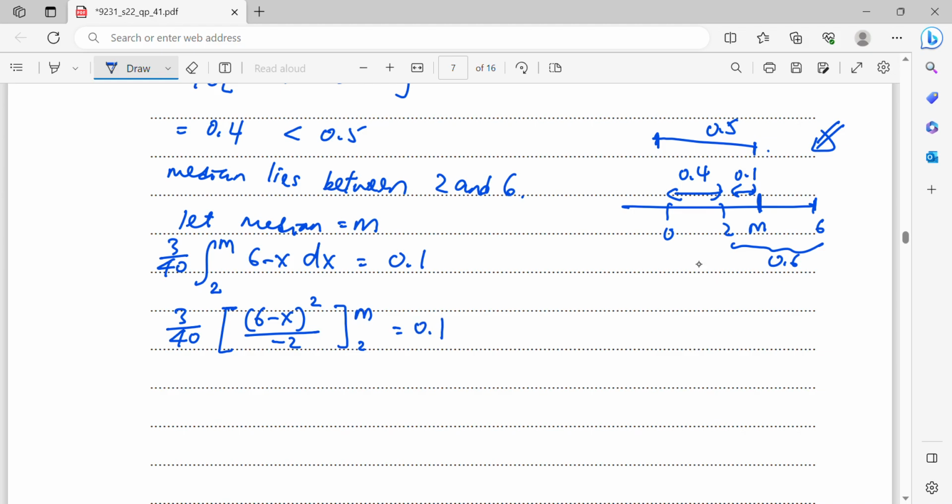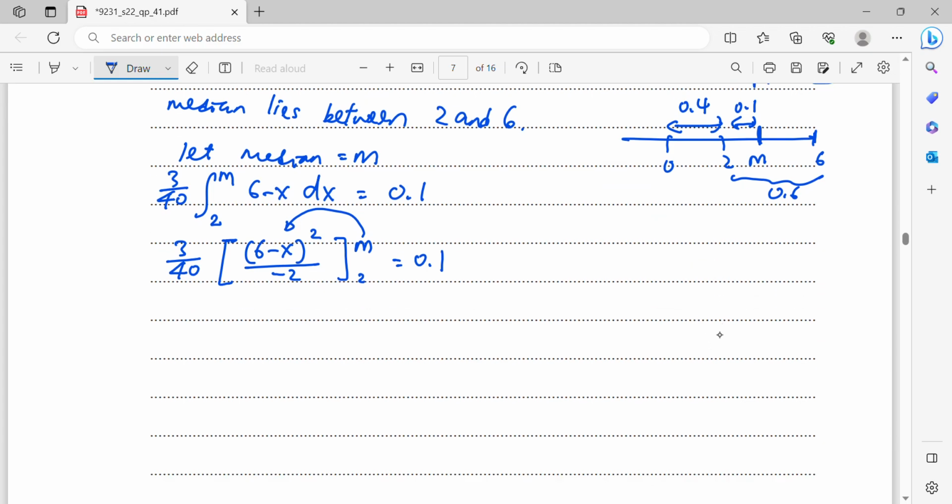So now the working becomes simple. Just replace the x by m. At the same time I can simplify all these terms. Together with the negative 2 at the bottom, I will just move all these terms to the right side, then I do not need to bother with the fraction anymore. So I will get 6 minus m squared minus 6 minus 2 squared, because my x is 2, so it becomes 4 squared.